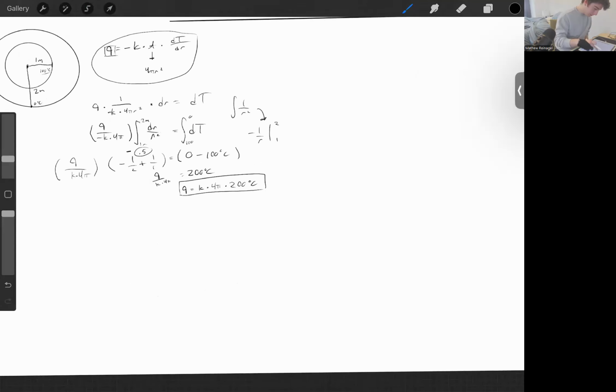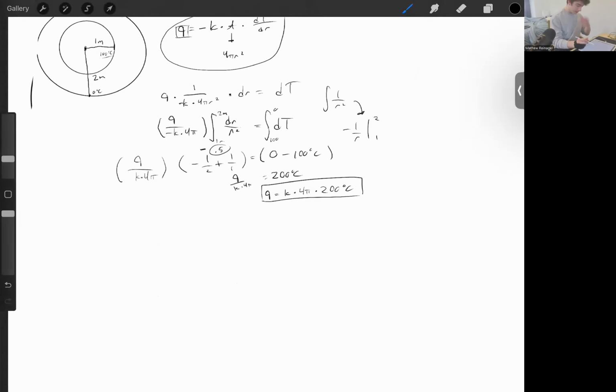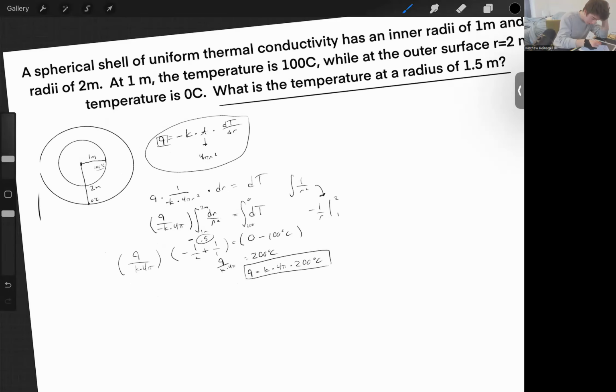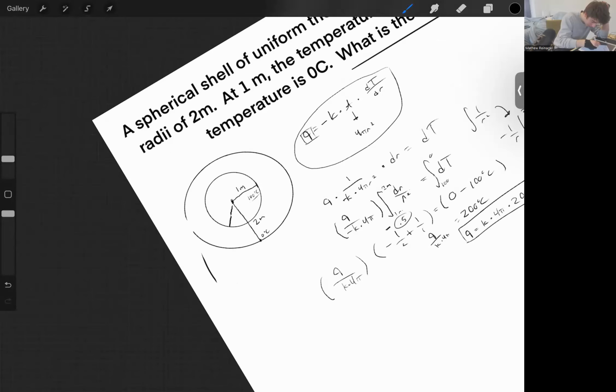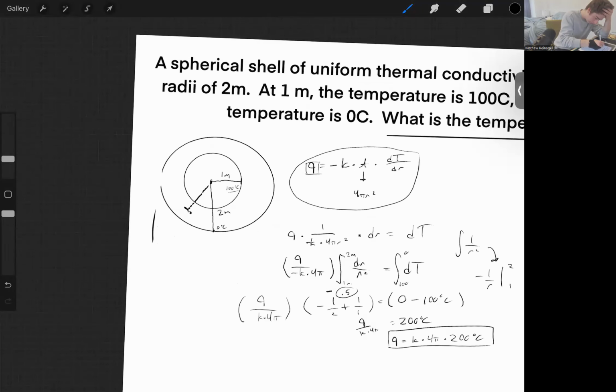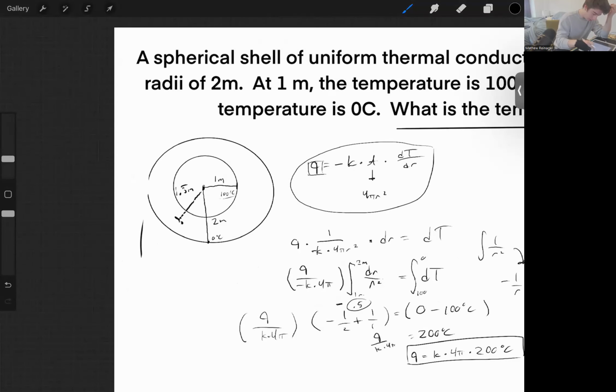There we go. Okay, so we have this equation for Q. So how do we relate this to 1.5 meters for radius? So here's what we can do. I'm going to quickly visualize what we're solving for. My pen is acting up.